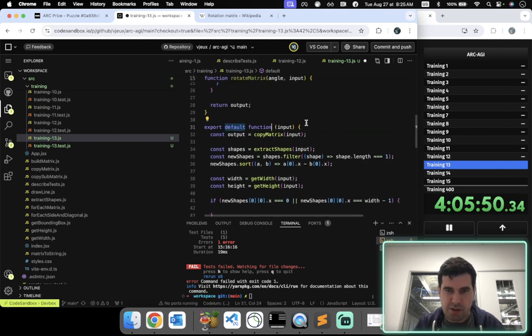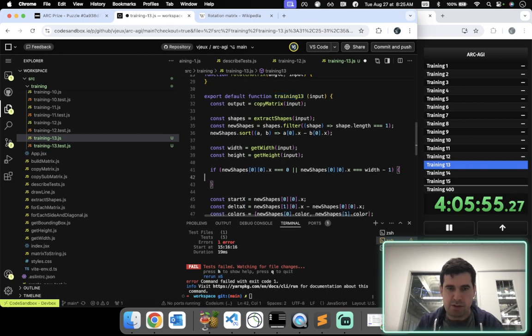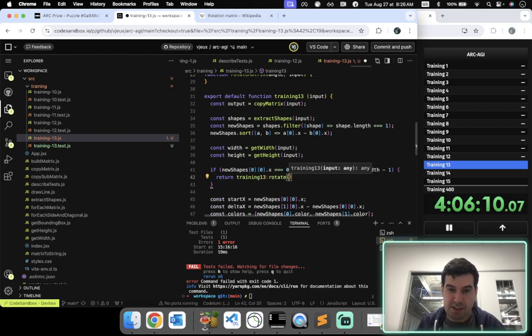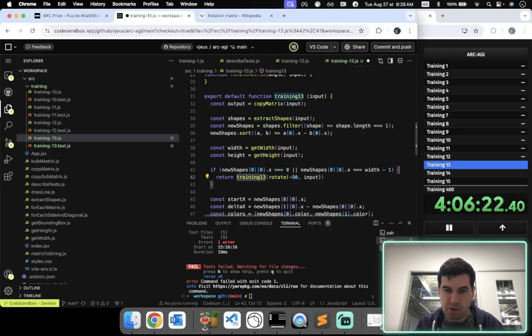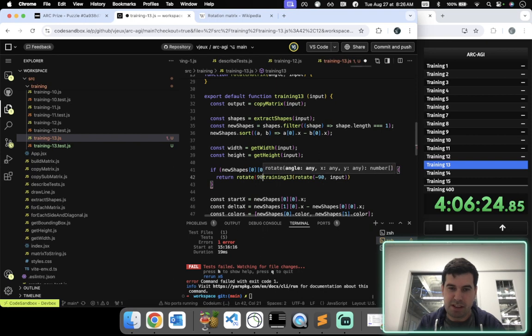So this function is going to be trading 13, so we want to return rotate, trading 13 of rotate minus 90 of the inputs, and then we want to rotate this one by 90 degrees.